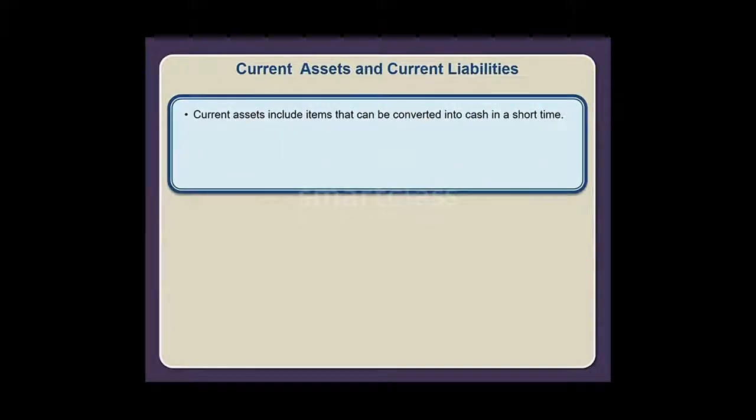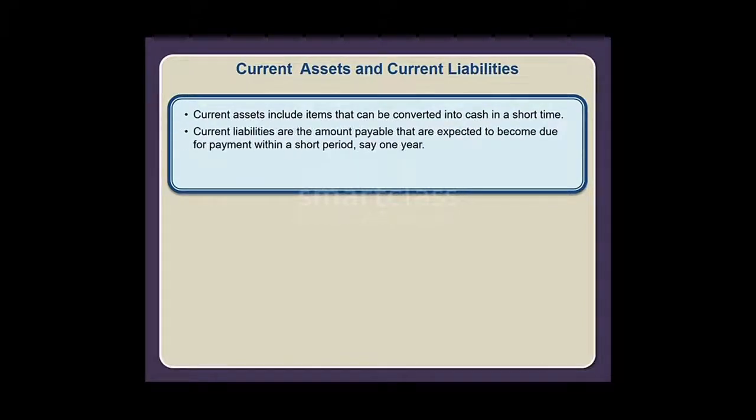Current assets and current liabilities. As mentioned before, current assets include items that can be converted into cash in a short time. Current liabilities are the amount payable that are expected to become due for payment within a short period, say 1 year.